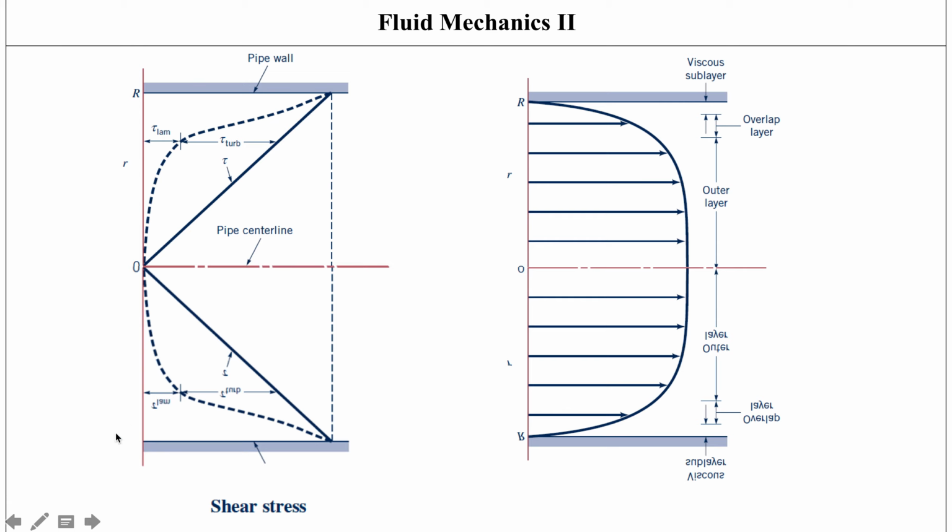This is just to show you that same thing with both pipe walls indicated here, so you could have better visualization of how the variation between the turbulent and the laminar shear stress looks, and how the velocity profile looks. And the velocity profile remains constant within a fully developed turbulent flow as well.